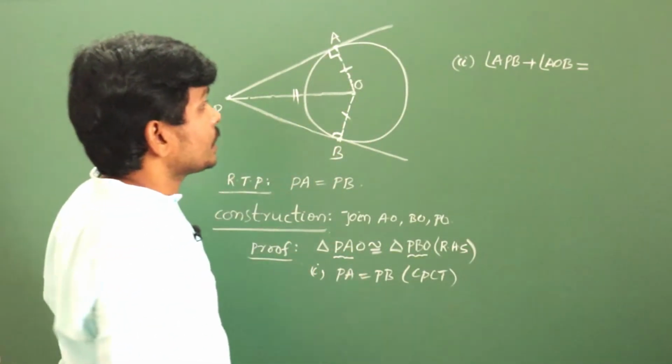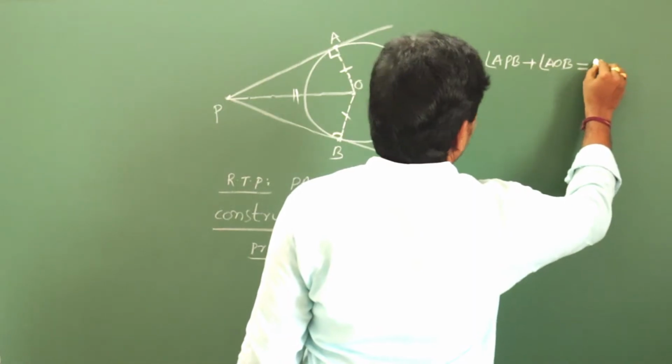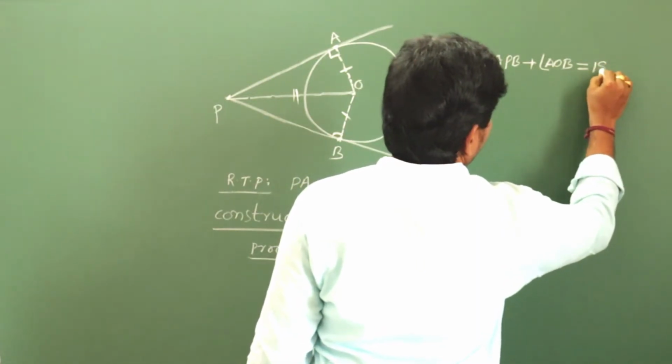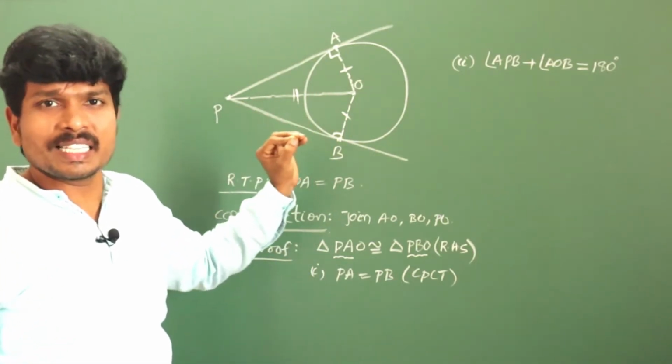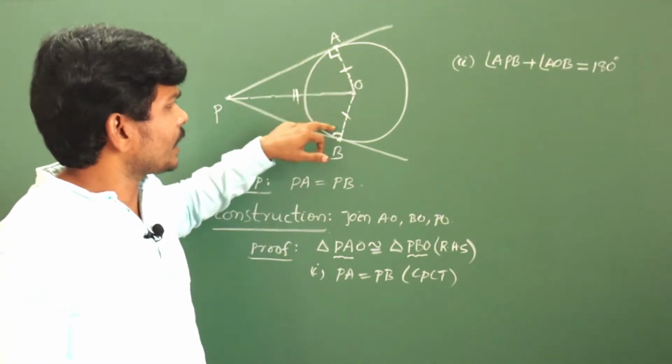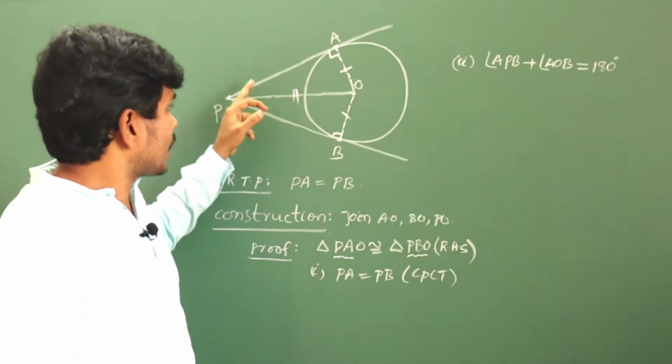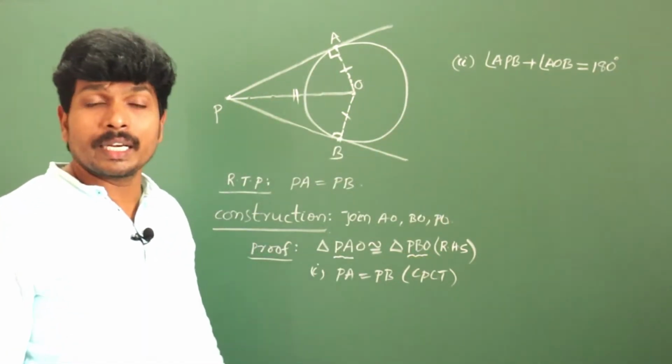The sum of the angles you get is 180 degrees, because the sum of the four angles in a quadrilateral is 360 degrees. Definitely the remaining sum you will get is 180 degrees.